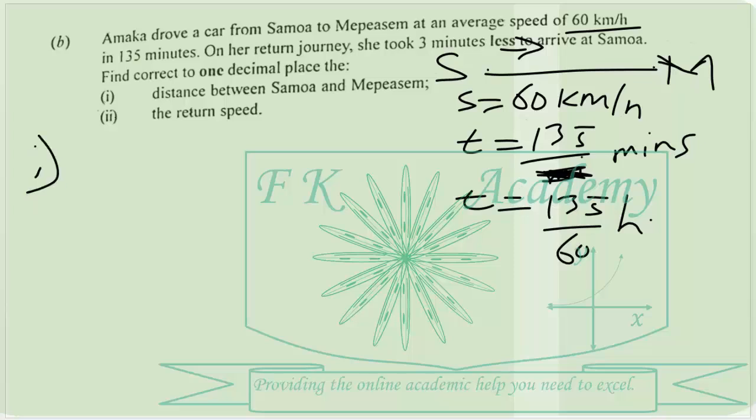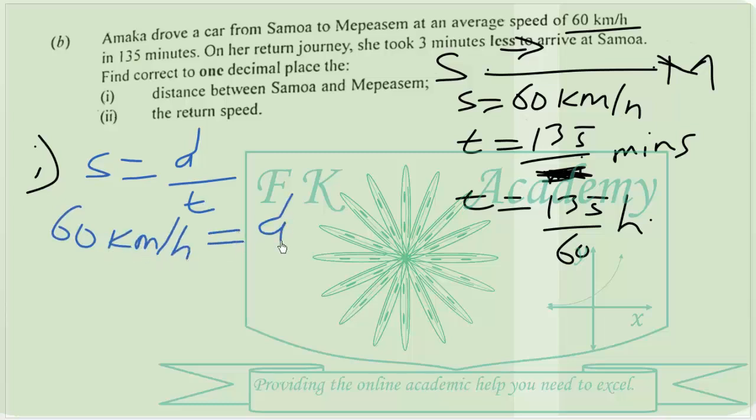So that is given by, speed is equal to distance over time taken. So the speed is 60 kilometers per hour, and the distance we don't know, over the time is 135 over 60.